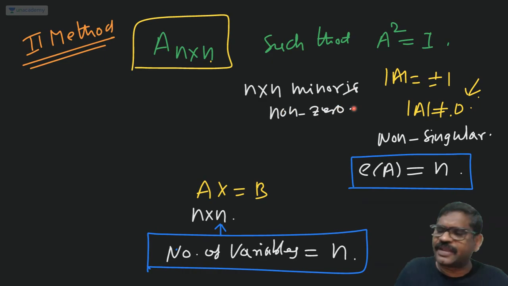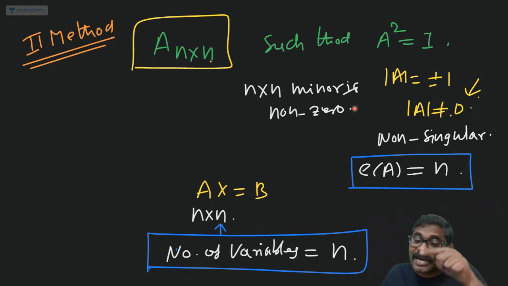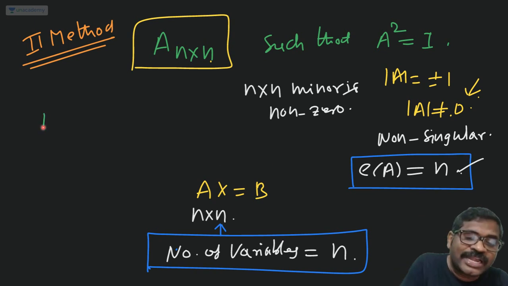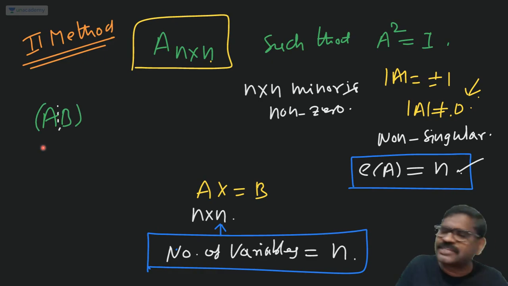Got the clarity? If the n cross n minor is non-zero, then the rank would be n. Catch my point? Now A is an n cross n matrix, okay. If A is n cross n, what about the augmented matrix AB?